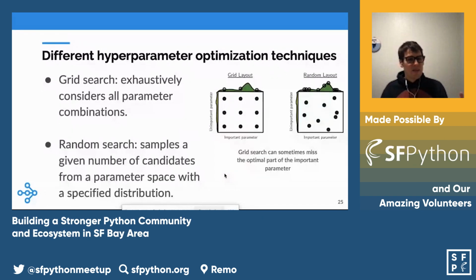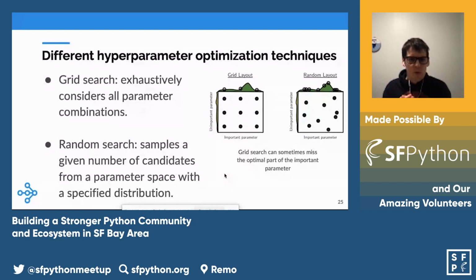Grid search is kind of like it sounds. If you have an entire list of 100 different items, you're going to go through all 100 items. Random search is a little different, where it samples a given number of candidates from the parameter space. So if you have, let's say, 100, it's not this simple, obviously, but you sample some of that 100.